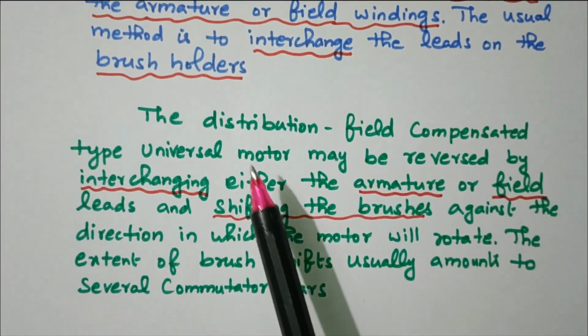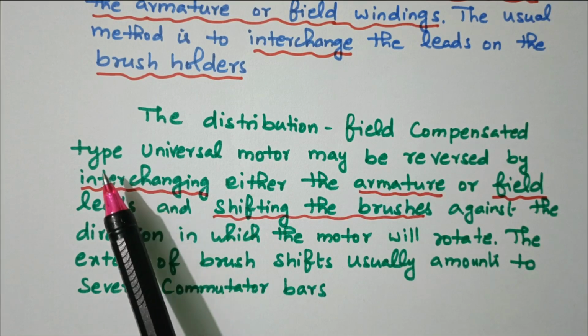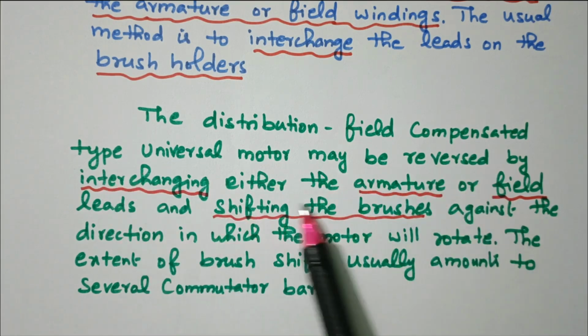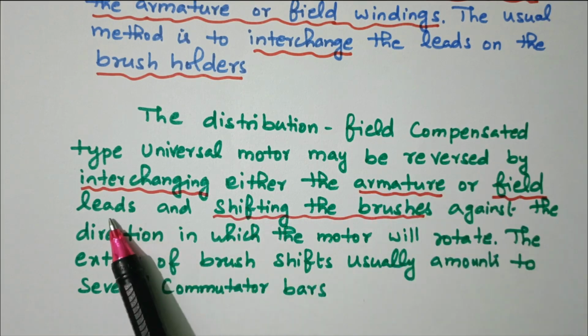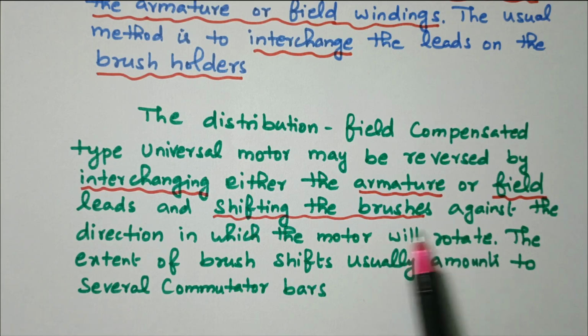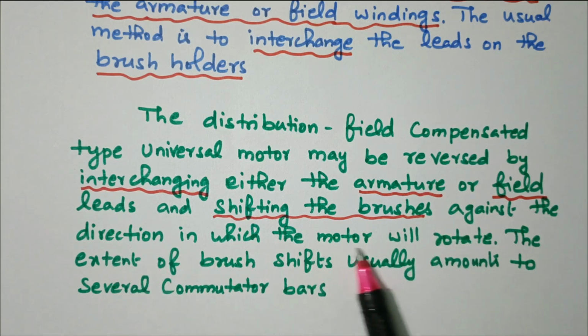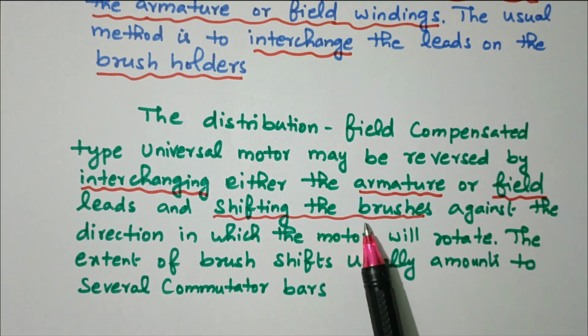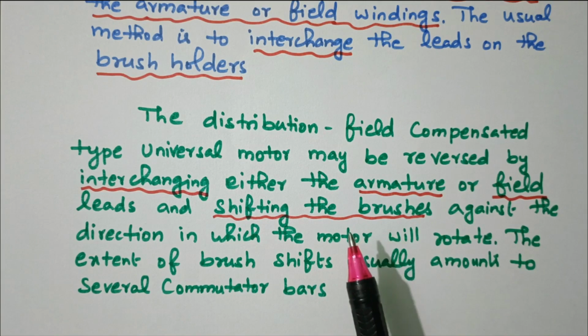In case of the distributed field compensated type, the universal motor may be reversed by interchanging either armature or field leads and shifting the brushes against the direction in which the motor rotates. So in the previous case we interchanged the brush holder leads, and here also we shift the brushes, very similar to the previous case.